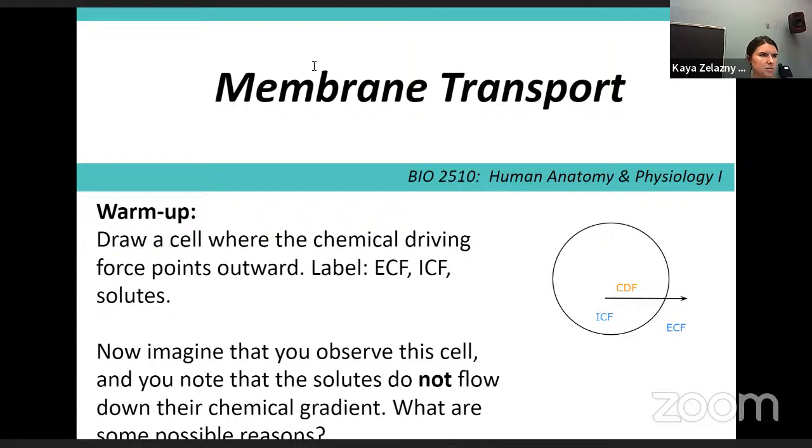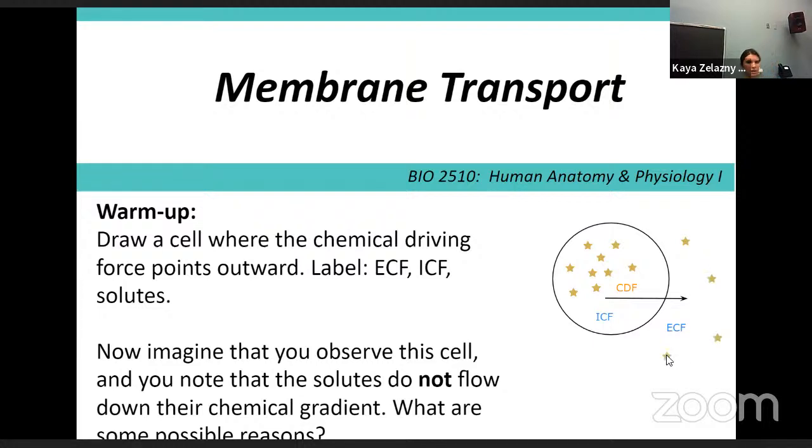So when we say solutes, we mean whatever particle it is we're tracking. Take a stamp and put some stars. Okay. So which of these is going to have a higher concentration of solutes, the ICF or the ECF? The ICF, yeah, great. I'm going to put a bunch of solutes inside, high concentration, low concentration out there.